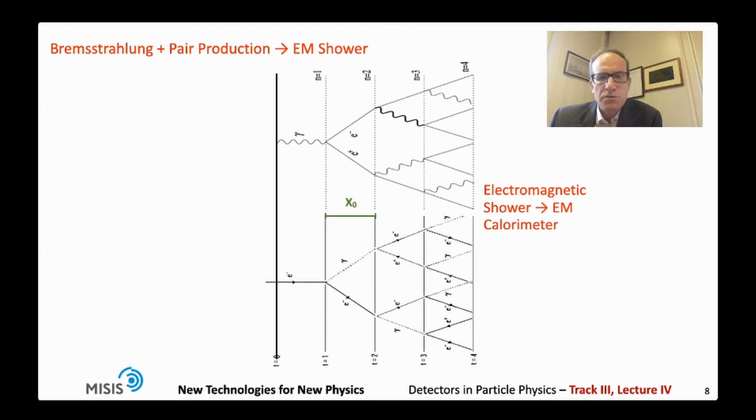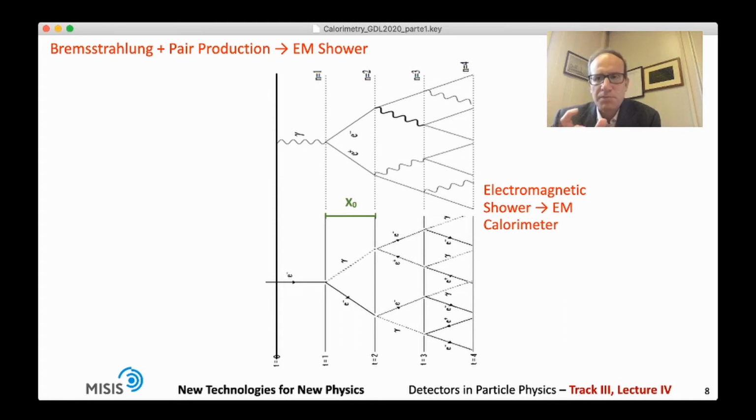So if you put together everything we have seen, both the way the electron propagates and the way a photon propagates, and if we assume that this 9/7 is not very far from 1, then you can divide your traversed material into steps.